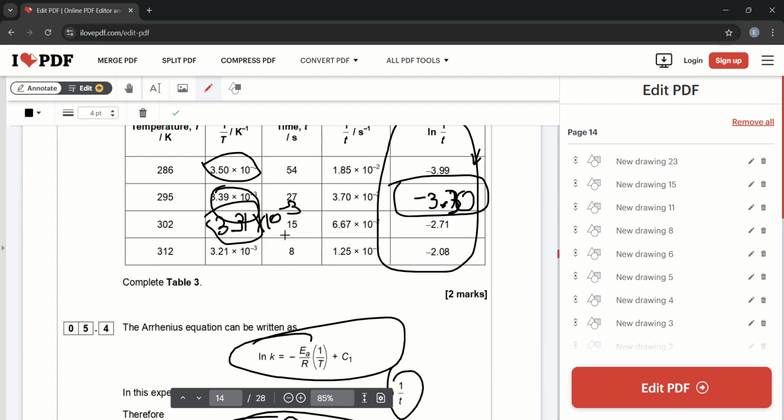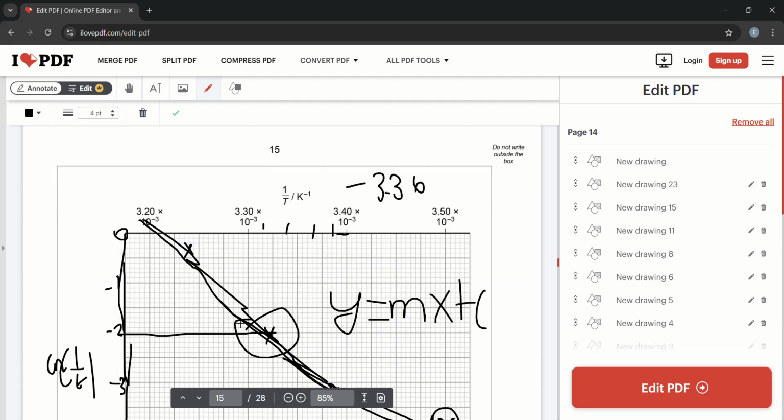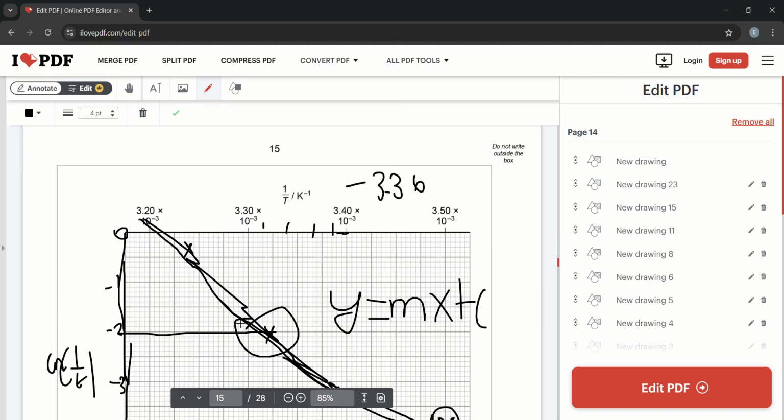No. 3.31. Yeah, it must be that. Minus 3.31 times 10 to the power minus 3.